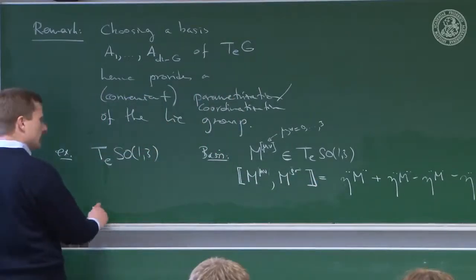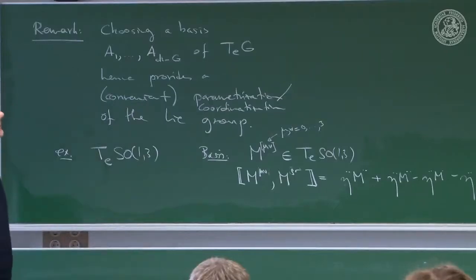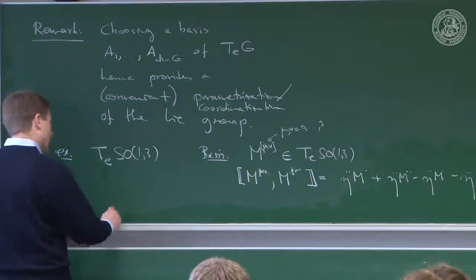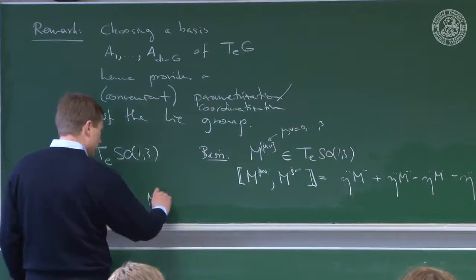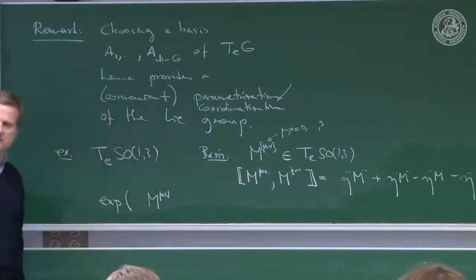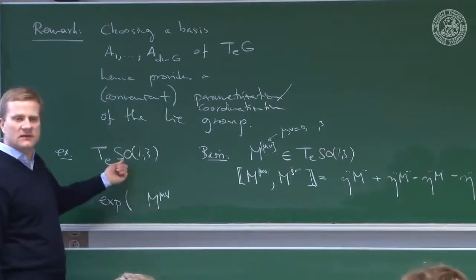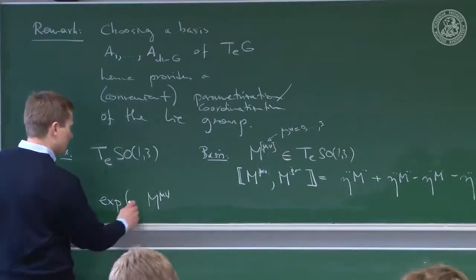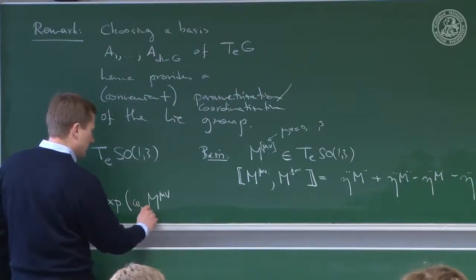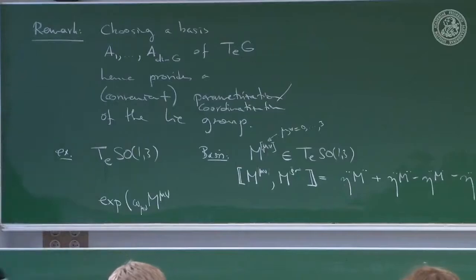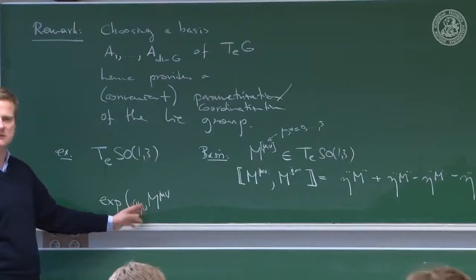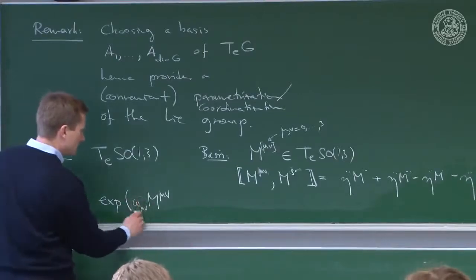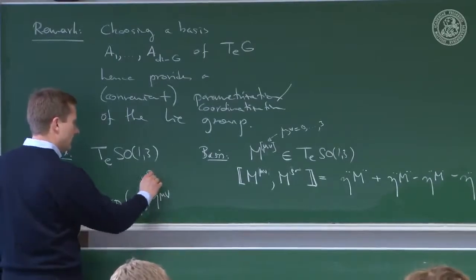And indeed, you get, well, hang on, do you get all of SO(1,3)? I think you just get the autochronous subgroup, whatever. Anyway, you can consider exp of any of these guys, but because they're a basis, I want to get any element of the tangent space here. Well, I can do this by providing linear combinations with 6 coefficients, which I label ω_{μν}, but they're only 6 because this is just the label. So these ω_{μν}, each of them is just a real number.